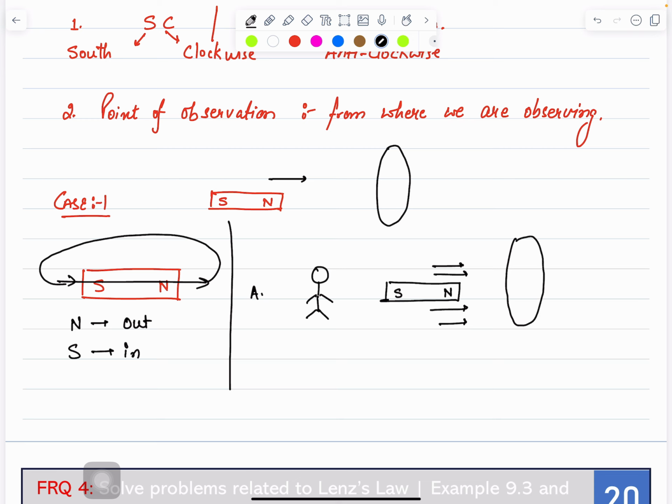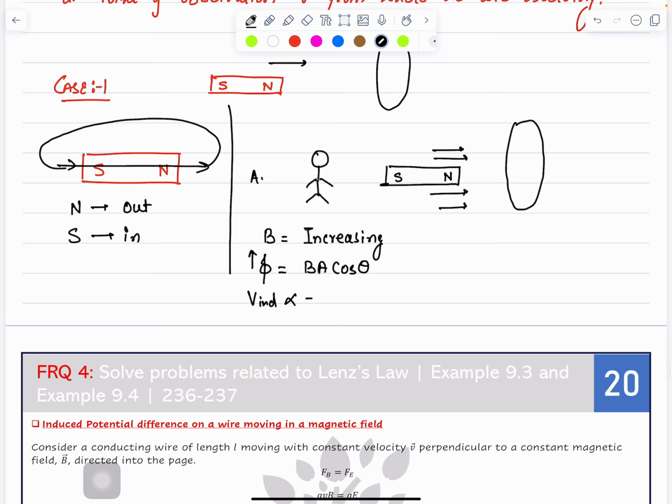Now my question is, north is going towards it, which means here the magnetic field B is increasing, yes or no? Try to understand. Flux is BA cosine theta. It means flux is increasing. So what is V induced? Let's make it equal to negative d phi over dt.